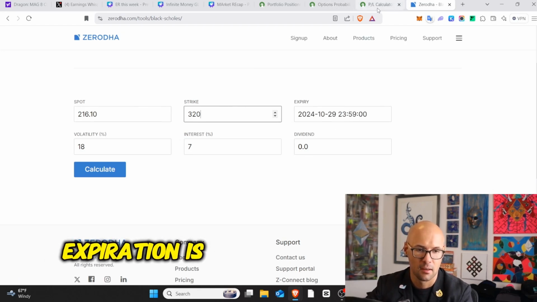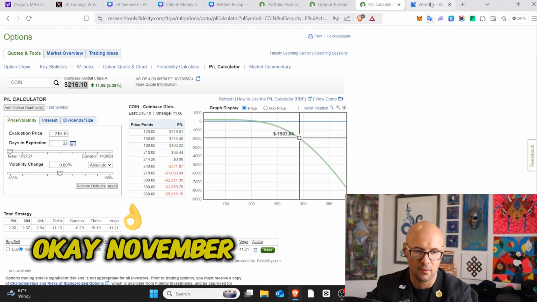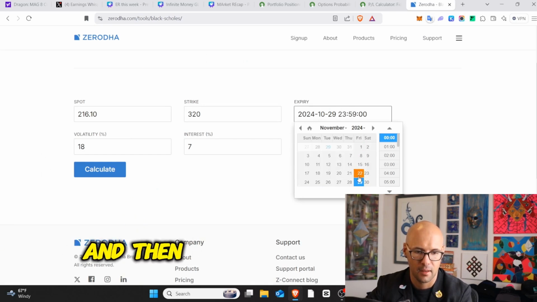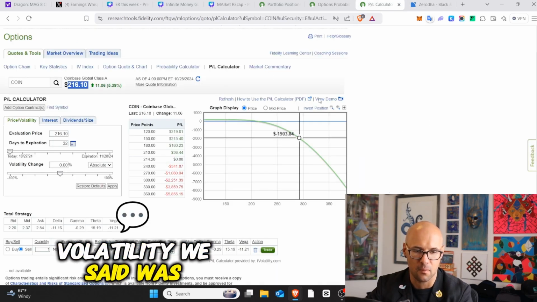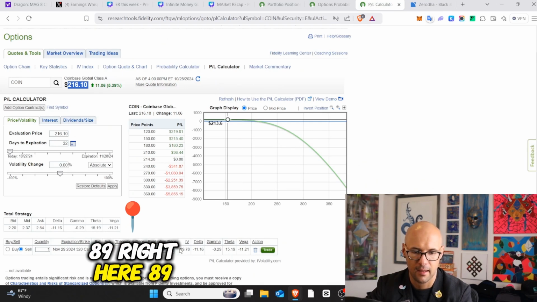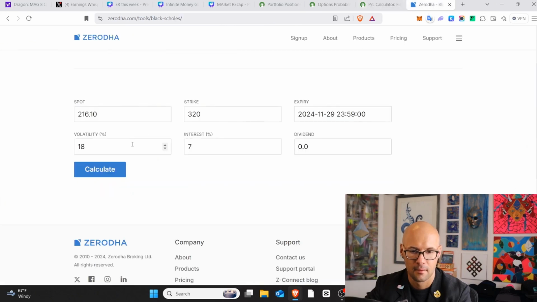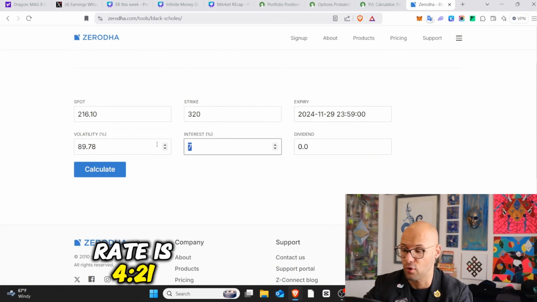Expiration is, what did we say? November 29. Volatility we said was 89, right here, 89.79. And the risk-free interest rate is 4.21.